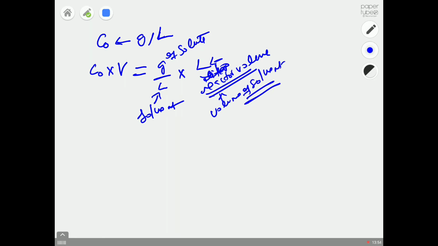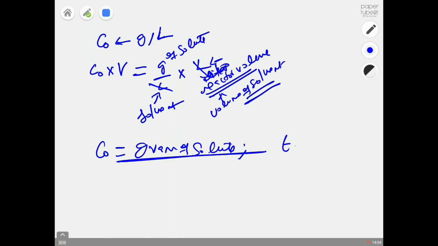So the liters get cancelled, and your C0 will be grams of solute. This is the concentration of your solute at time t equal to 0, but expressed in terms of grams. So grams of solute at time t equal to 0 will be equal to C0 multiplied by V.